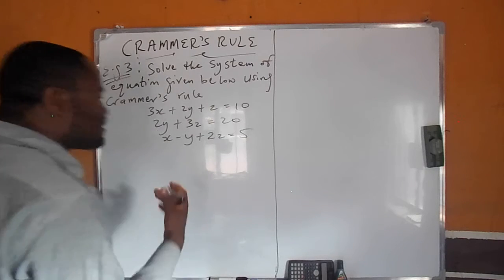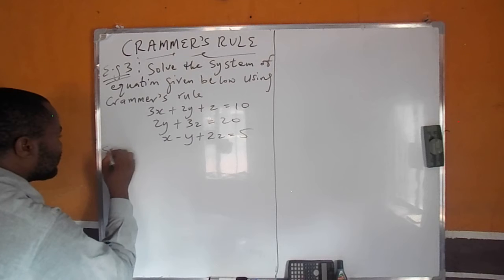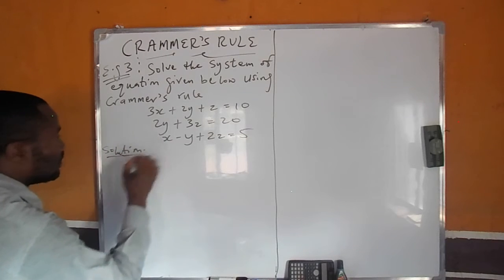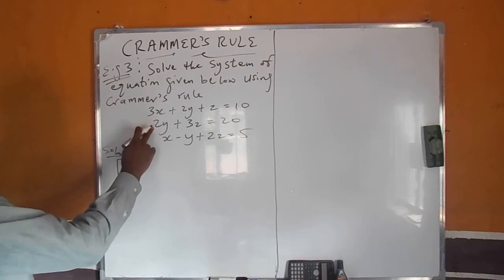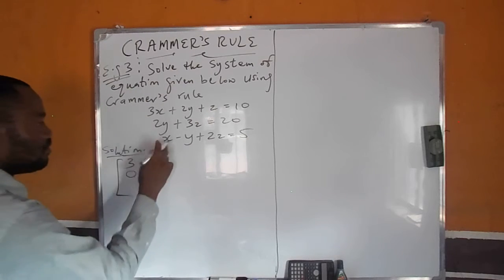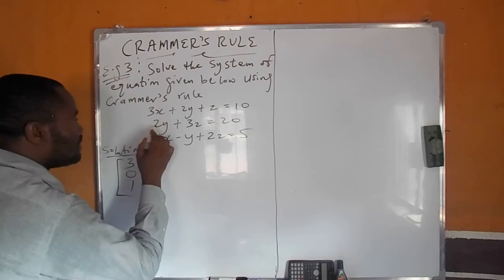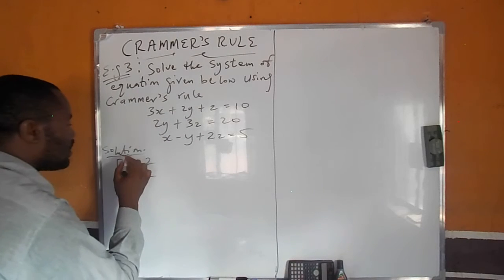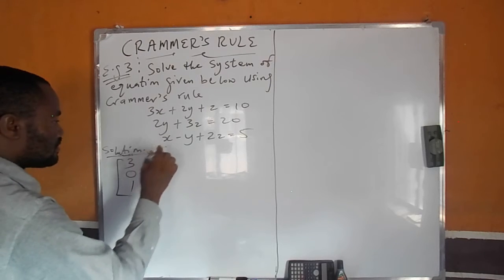Now, let us determine the determinant of the coefficient matrix. Solution. 3. This is not having x, so it will be 0, 1, 2. This is y here, 2. Remember, this is x, y, z. This one will be z here.